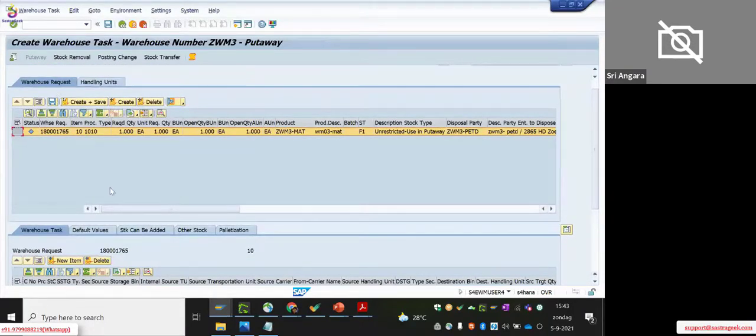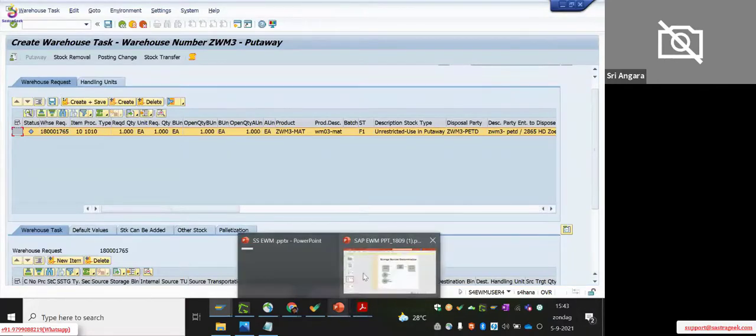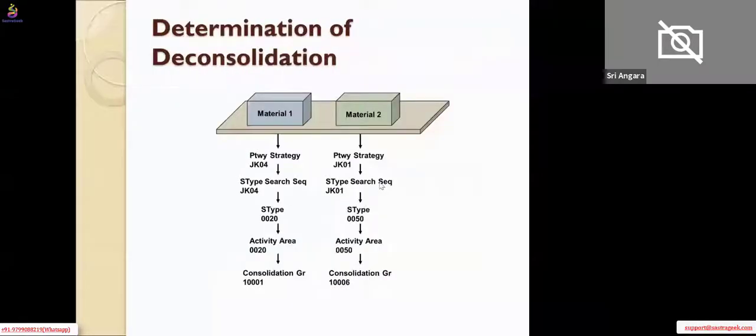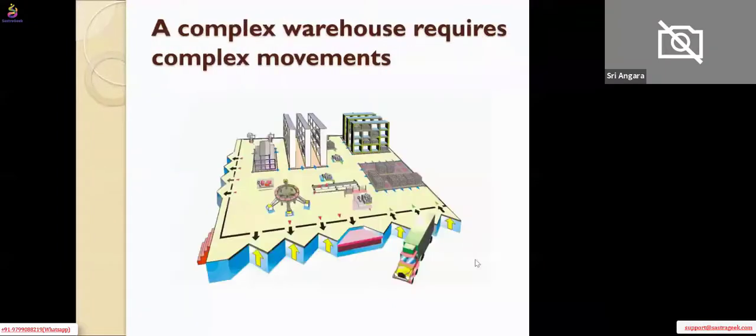We are creating a request that from this particular staging area, the product needs to be moved to any of the storage types that were predefined.